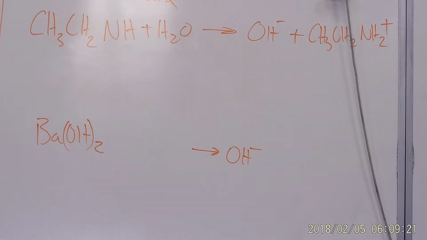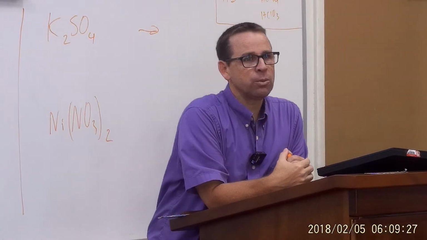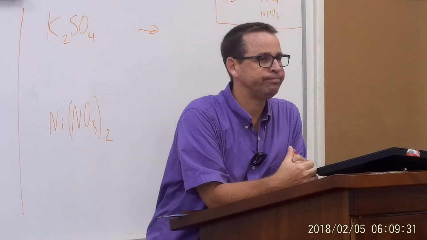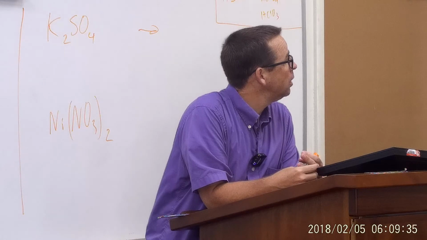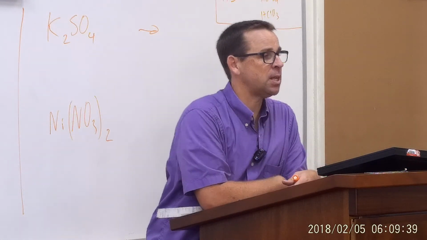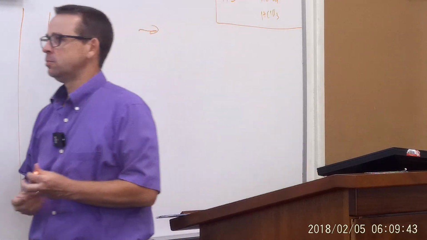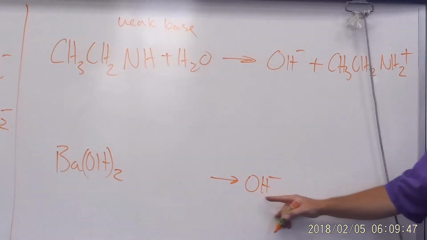True? How do we know if it's going to dissociate or not? Our rules. Can anybody give me a rule to verify that barium hydroxide will dissociate? Is barium group 1? No, but number 5, is barium an exception in number 5? Excellent. So that's how we know. All right, so let's finish up this dissociation. What else goes here?